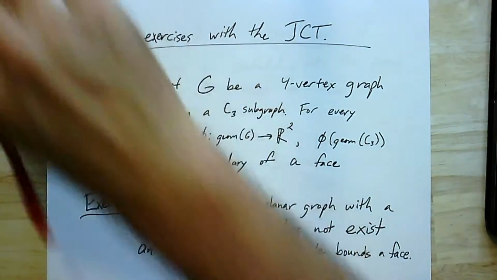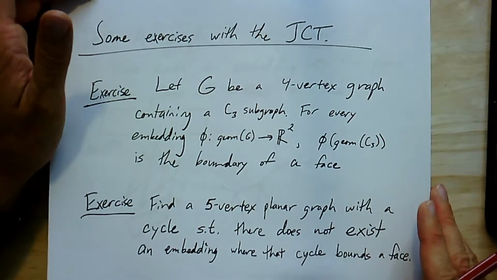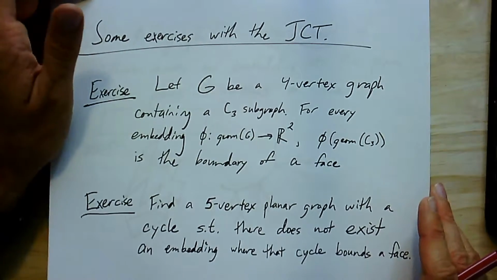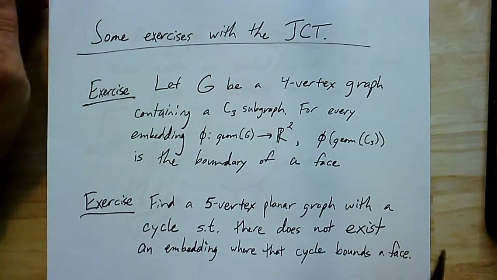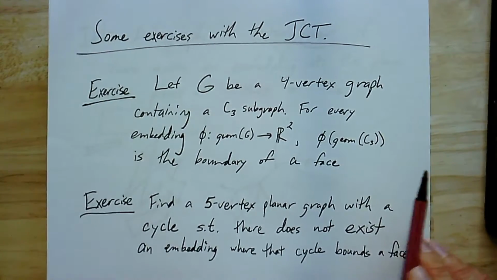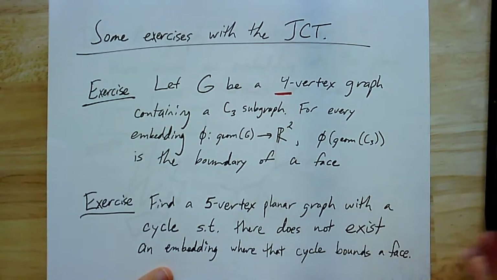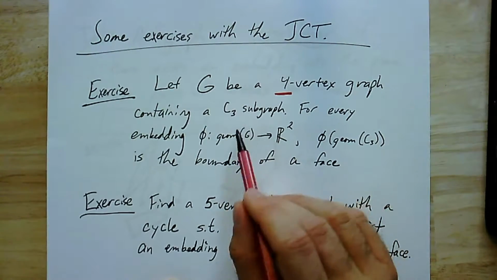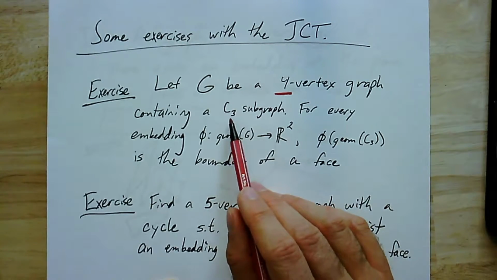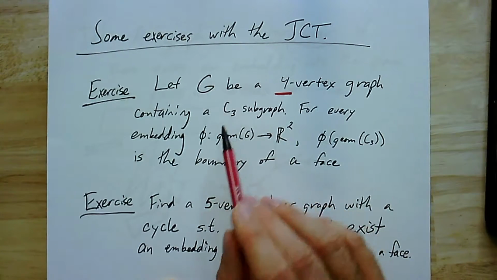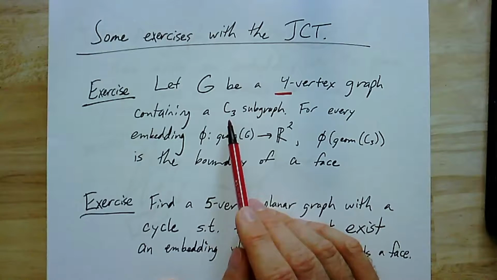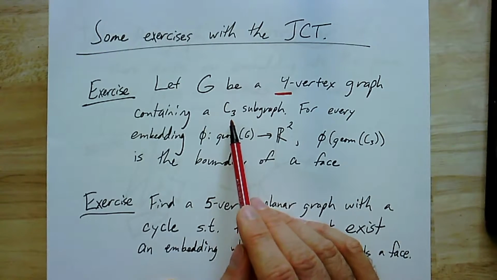All right, so just a couple exercises that you might work on your own. I'm going to state them and I'll leave them for a second to think about. The first one is if you have a graph that has 4 vertices, and it has some C3 subgraph. C3 is also K3, so it's a triangle. I may just sometimes call this a triangle subgraph, even though triangle usually means you should think geometry.